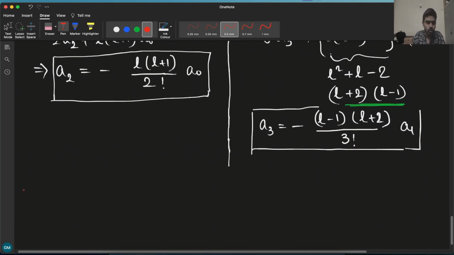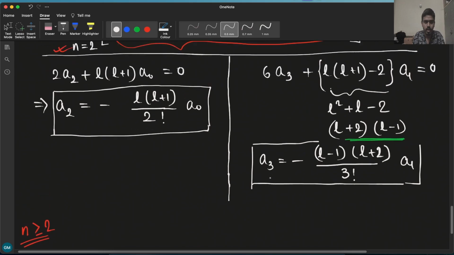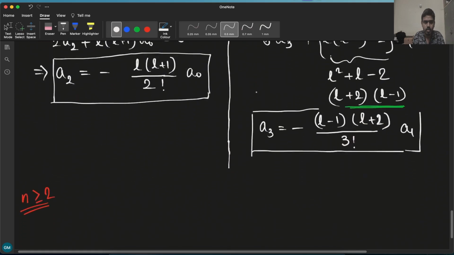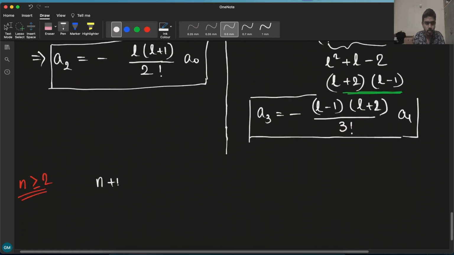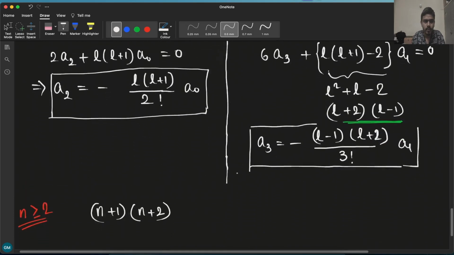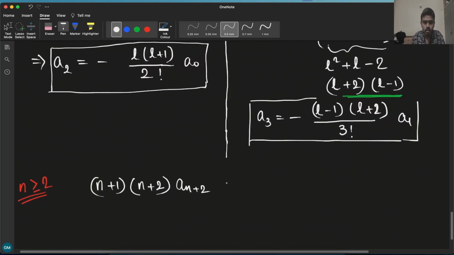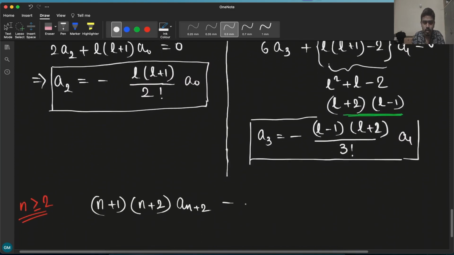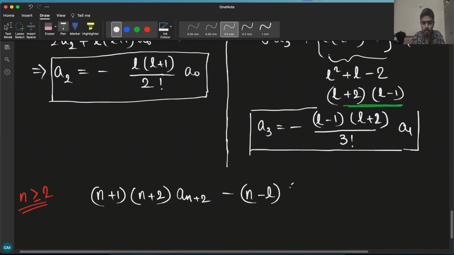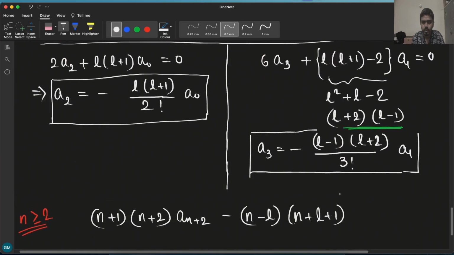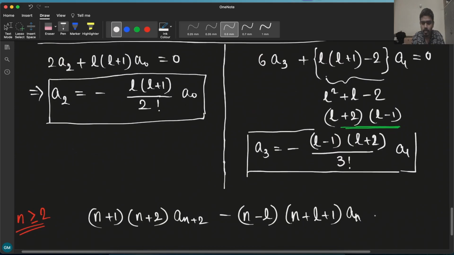So for n greater than or equal to 2, I can write n plus 1 times n plus 2 a n plus 2 minus n minus L times n plus L plus 1 a n equals 0.